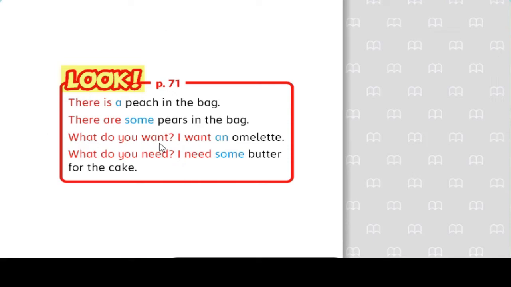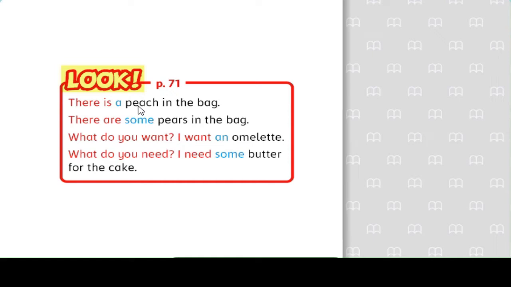So let's look at these examples we have here. There is a peach in the bag. So if you have a in front of any noun, it means that noun is countable.